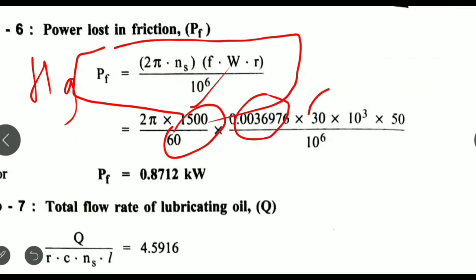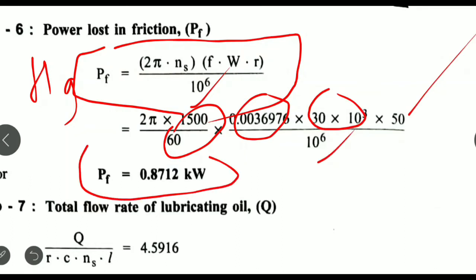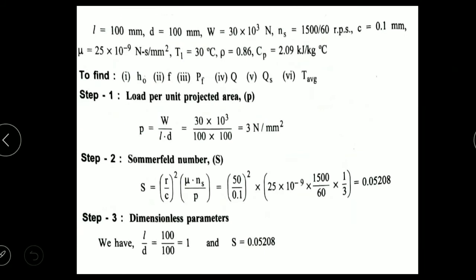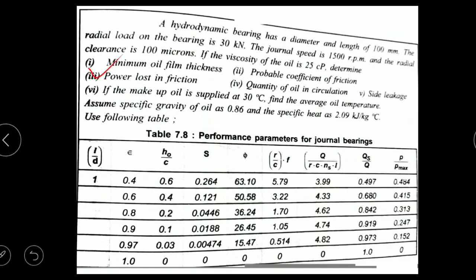W is the radial load, in Newton, and the radius of the shaft we know, through which we'll get the power lost, 0.8712 kilowatt. Clear? Here we have covered the third parameter which they are interested in, power lost.